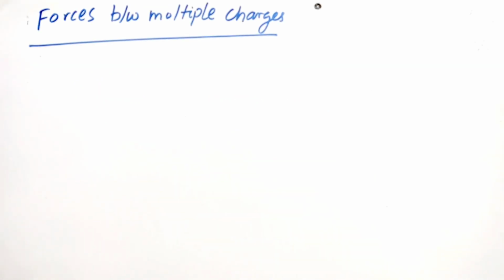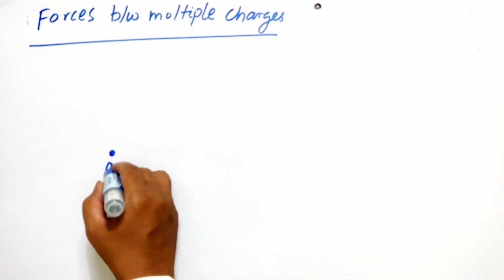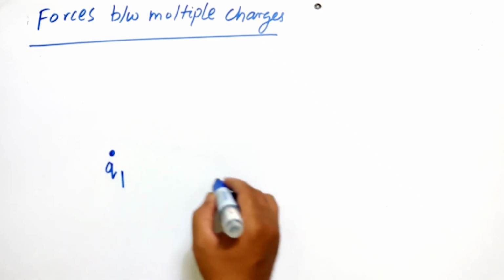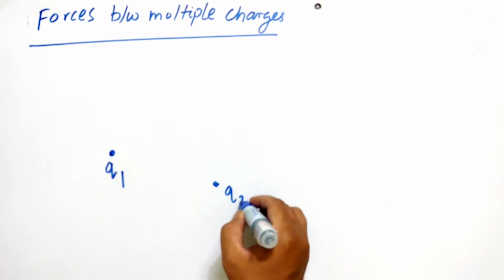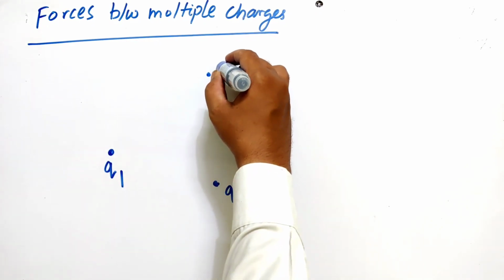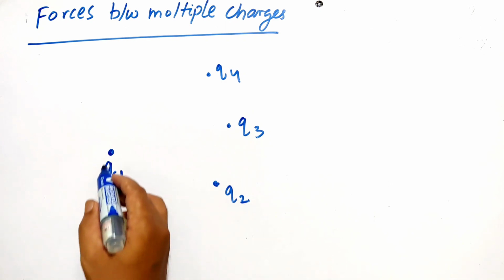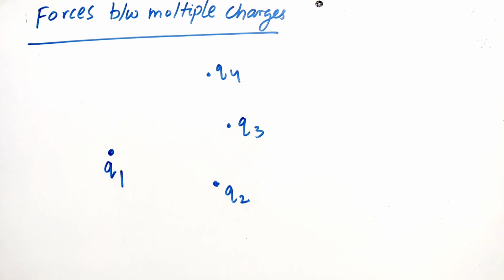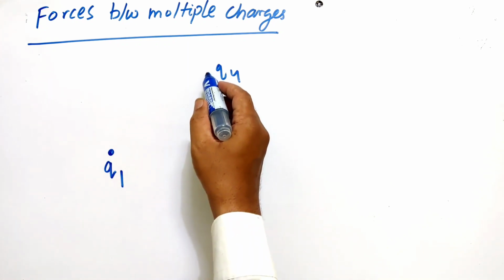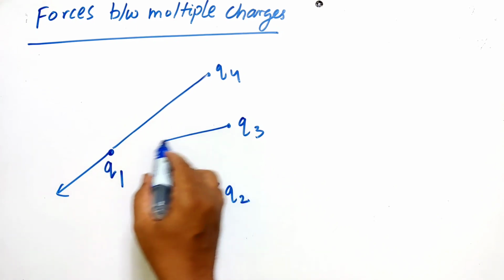Now we'll discuss the forces between multiple charges. When more than one charge is present, suppose this is the charge q1 and here is another charge q2, q3, q4, different charges are there. In this case, to calculate the net force acting on the charge q1, we have to simply do the vector sum of all the individual forces.